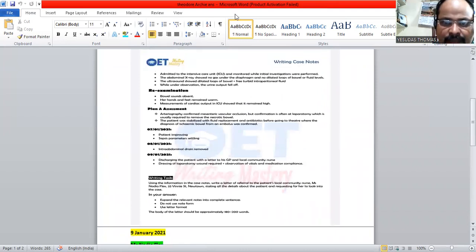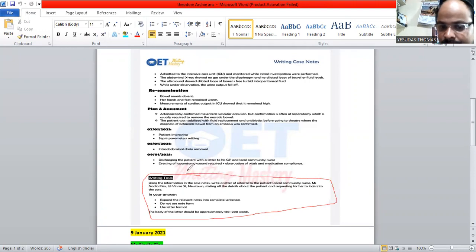Using the information in the case note, write a letter of referral to the patient's local community nurse.